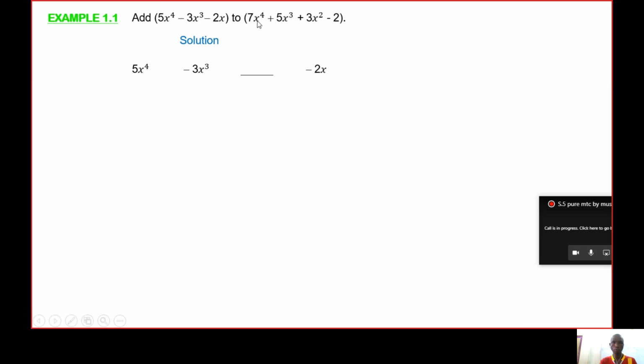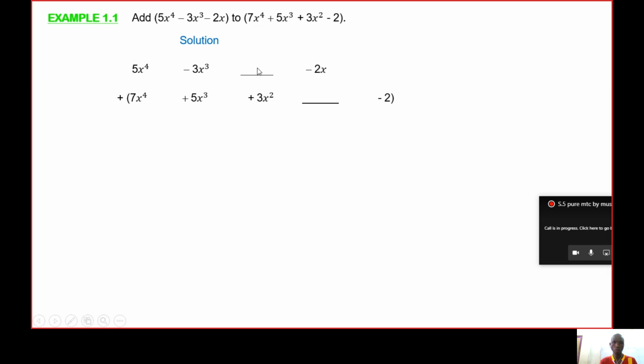The second polynomial, the highest is 7x power 4. That's the highest term also. So I write it just below 5x power 4. So 7x power 4 followed by 5x cubed, which is positive, and then followed by positive 3x squared, I think.